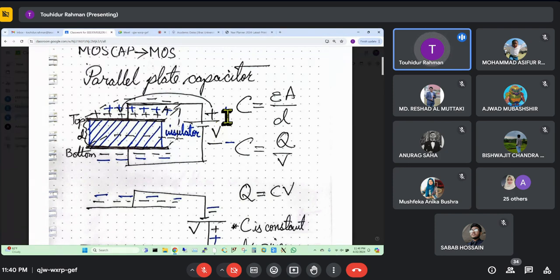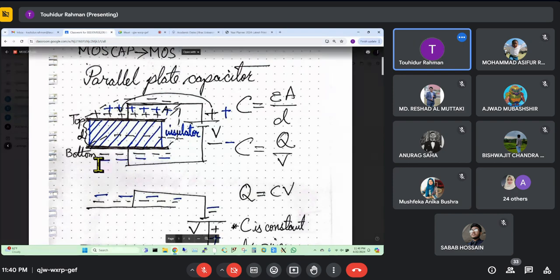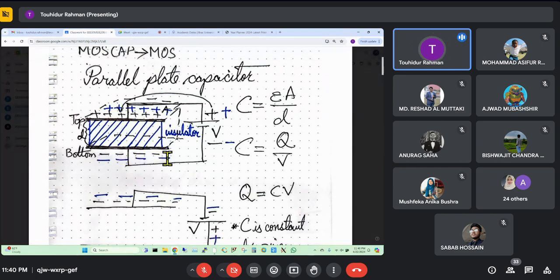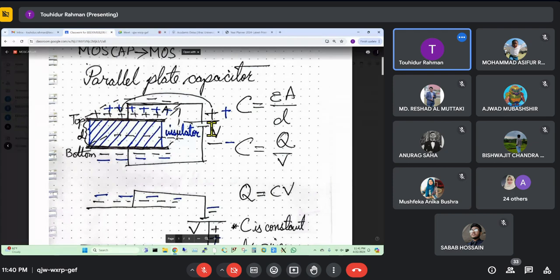Now, if we increase the charge and add some blue positive charge and blue negative charge, the top metal will get more blue positive charge and the bottom metal will get some blue negative charge, which means that as you can see, the charge depends on the voltage directly. If we increase the voltage, the charge on each of the plates will increase also.